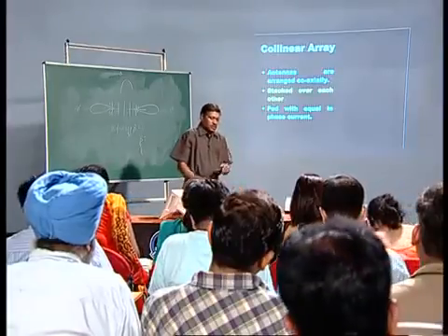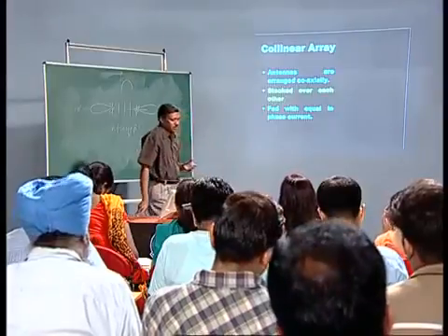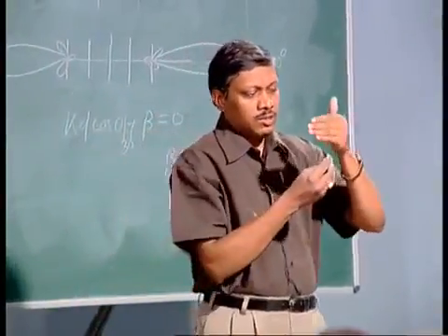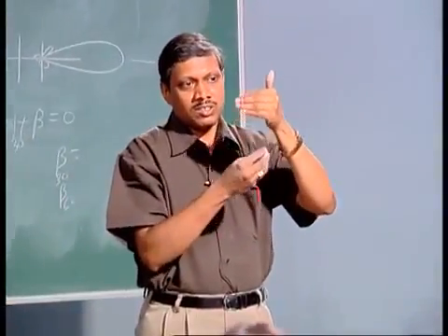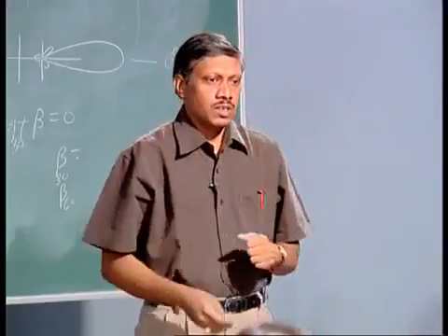There is another type of antenna array you will come across, which is called the collinear antenna array, where the antenna elements are stacked one above the other. One is placed, like this, like this, like this, it goes.